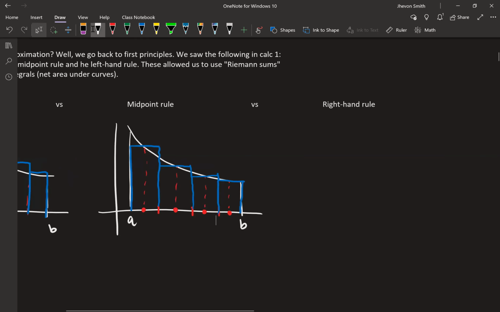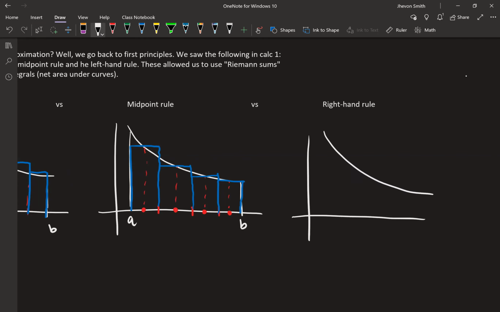The right-hand rule, same idea. So we had this curve doing its thing. We want to find the area between A and B under this curve. What we do is we dissected these things into subintervals.